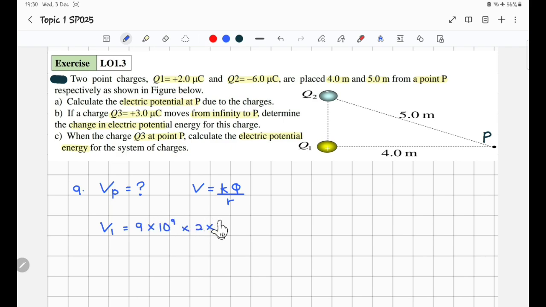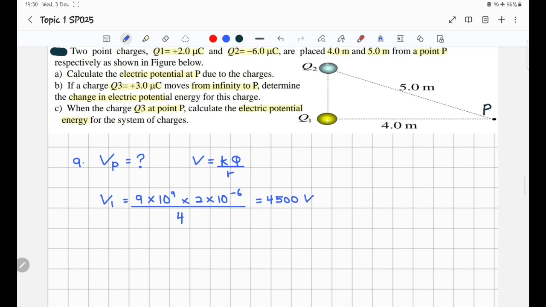So multiply with 2 microcoulomb over the distance between the point charge and point P, which is 4 meter. So we will get the value of 4,500 volt. Okay, that is the unit for potential.